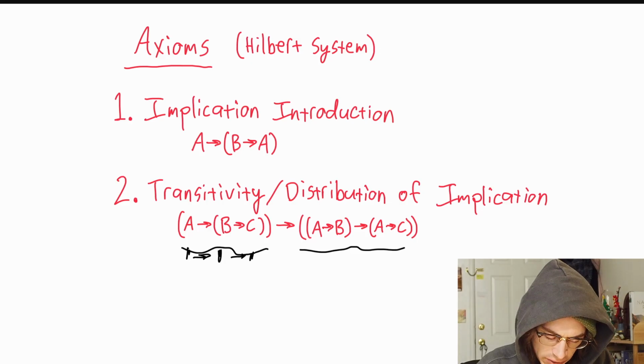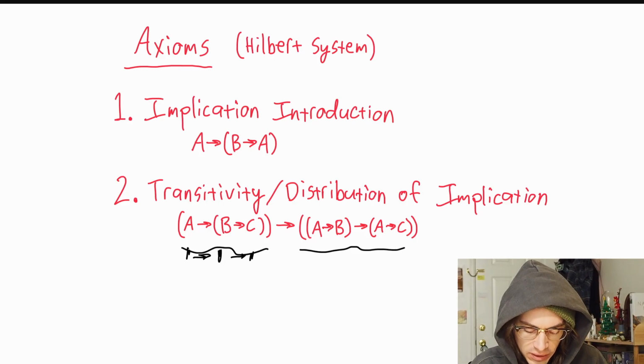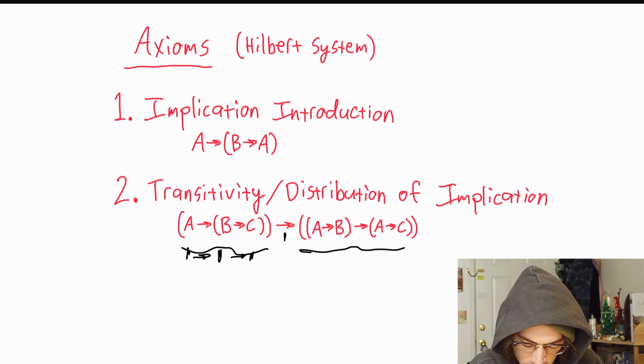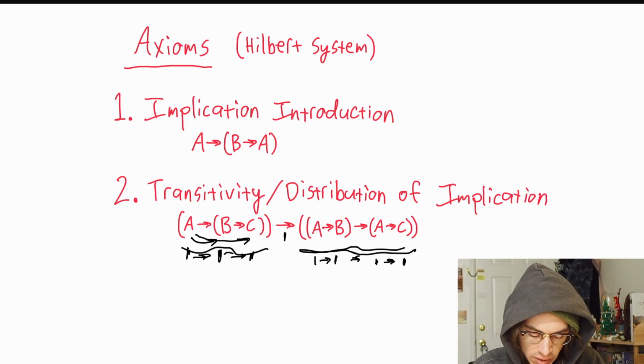So we can think about it like this. So if A implies that B implies C, then we know that this whole thing is true. And what is this whole thing? It says that if A implies B, then A implies C. And if you look at what we're doing, from the left side to the right side, we're just distributing this A. So A implies B comes here, and then A implies C comes here.